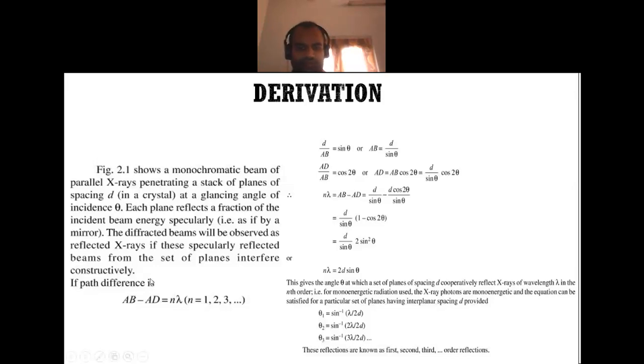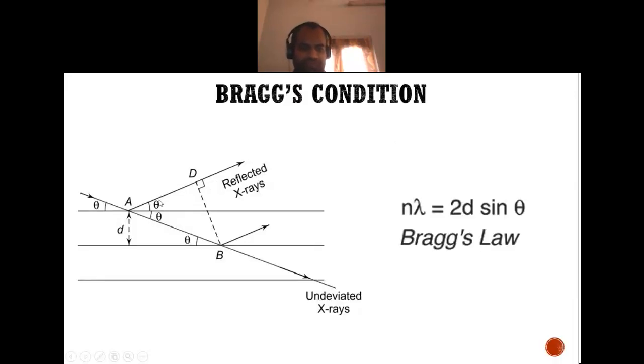So from the figure, we need to find out AB and AD. So sine theta is d over AB. Maybe I can do some annotation here.